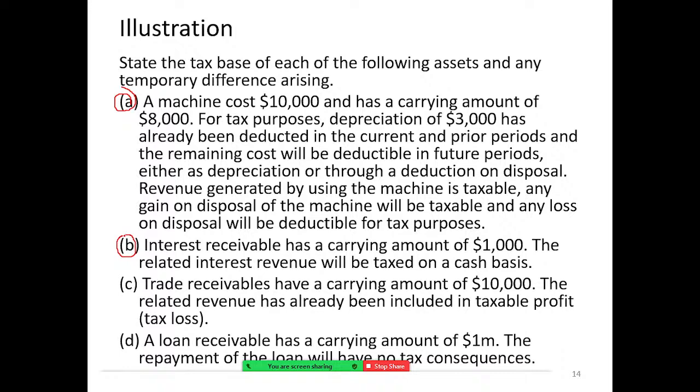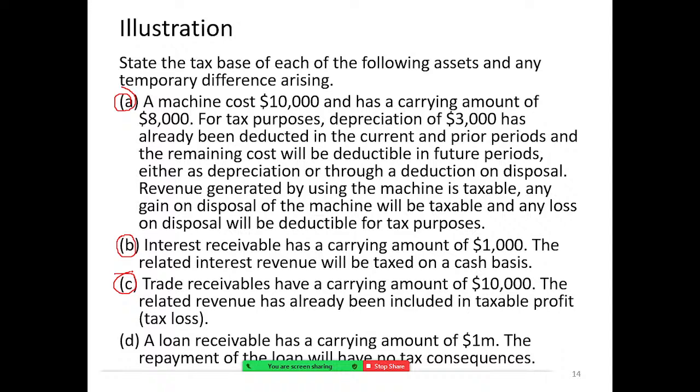Right. Third one. Trade receivable has a carrying amount of 10,000. The related revenue has already been included in taxable profit or loss. So both the accountant and the tax authorities recorded it. Then are there any differences?